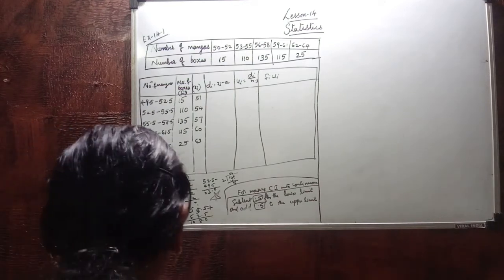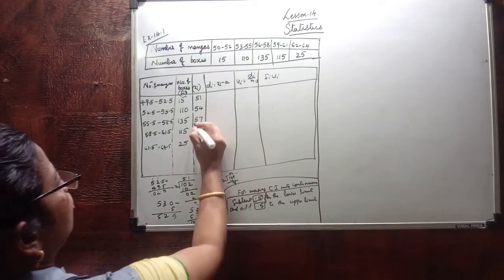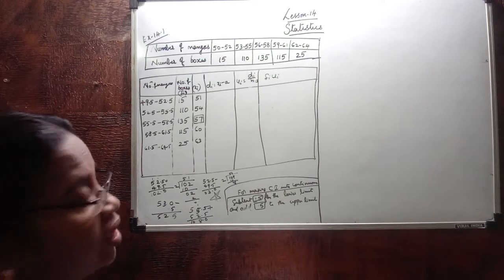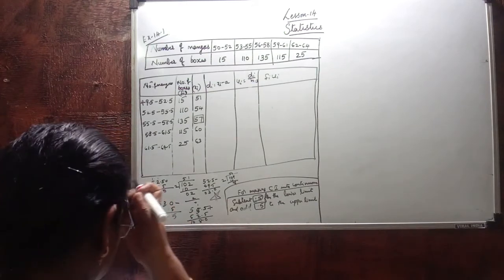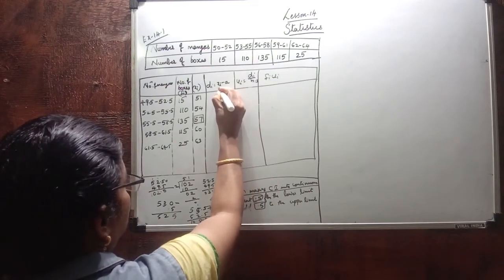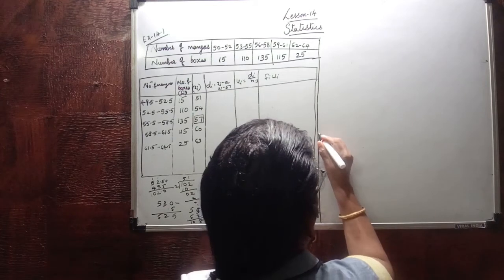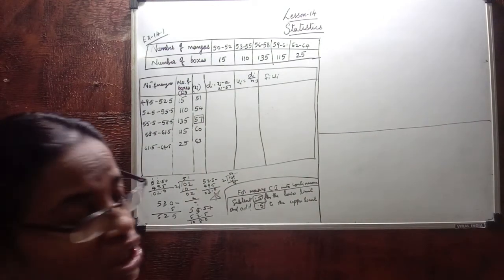Okay. Then next one, fi is given, now di. What is a now? a is 57, in the middle. So a is equal to 57. So xi minus 57. Here we will do the calculations. Always do it in the working column.